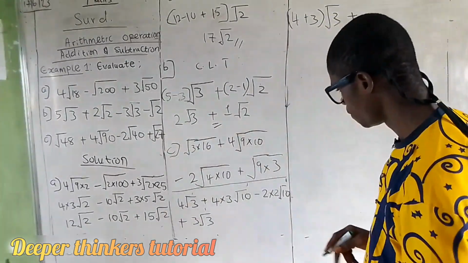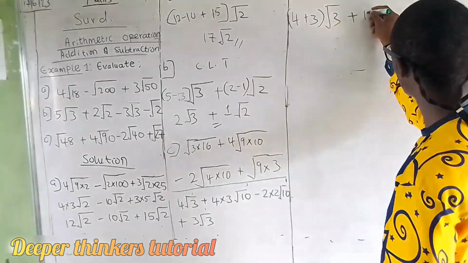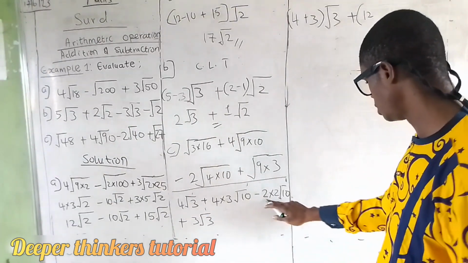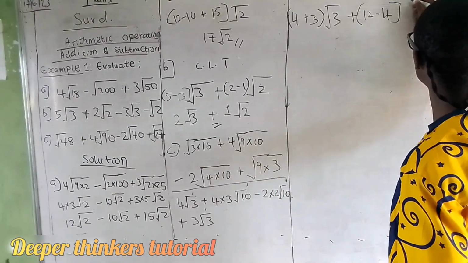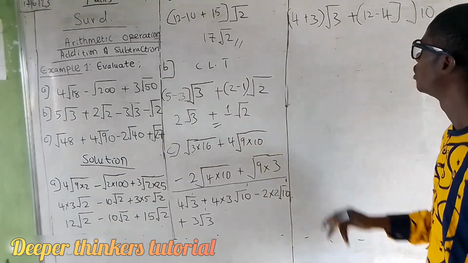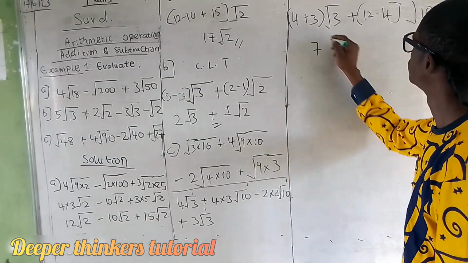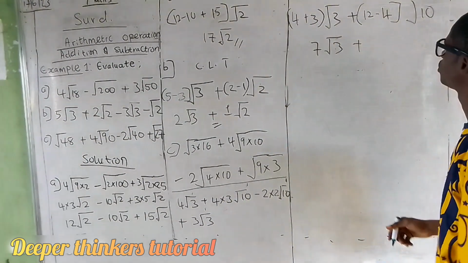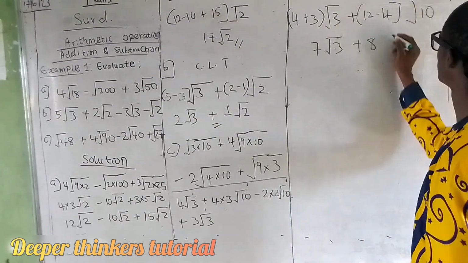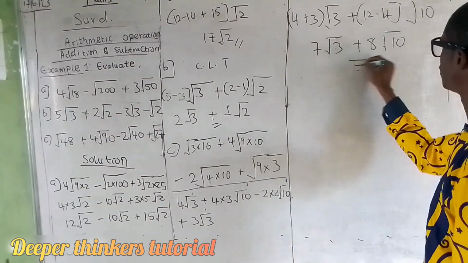So plus, then this multiplied by this is 12, it will be in the bracket. Then this multiplied by this is 4, so minus 4, into root 10. So this plus this will give you 7 root 3. Then plus, this minus this will give you 8 root 10. So this is the final answer.